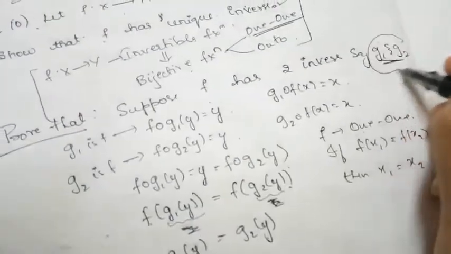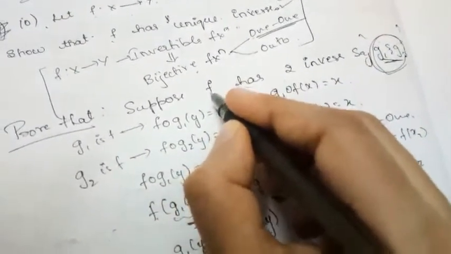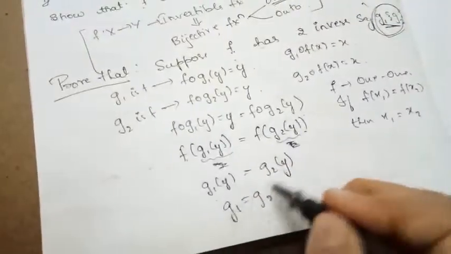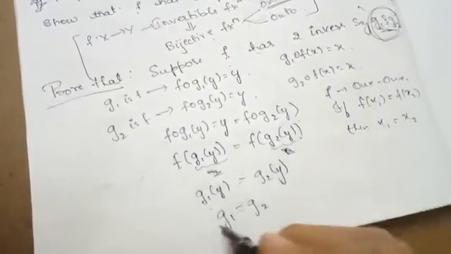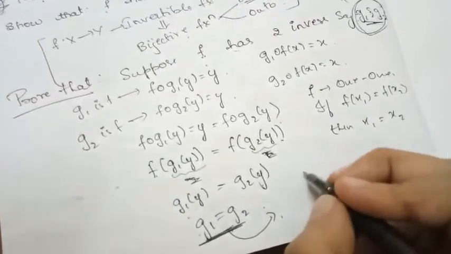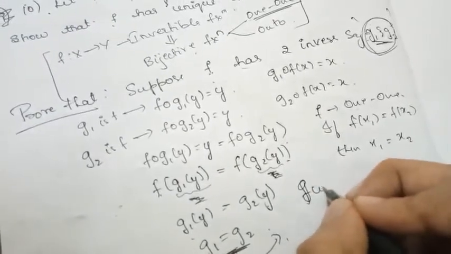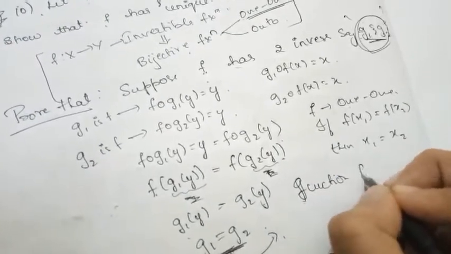What we assumed is that these two are two different inverses of the given function, but what we got in the end is that they are not different, they are one and the same. That implies the function f has a unique inverse. We started with two different inverses and came to the conclusion that they are one and the same.